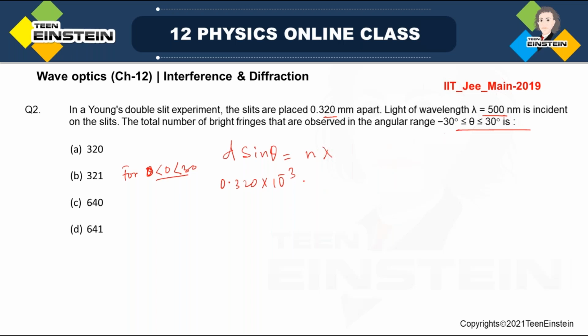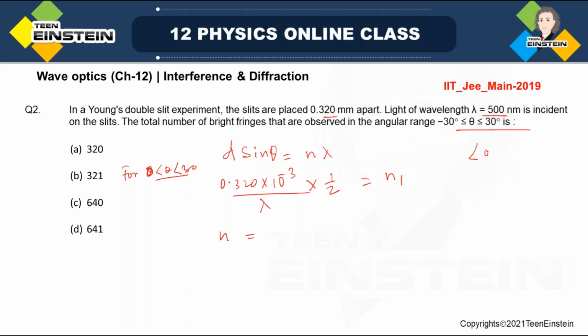So sine theta is equal to, take half. Here n is the one we have to find out. Lambda is again 500 nanometer. Suppose n1 is for the half of the range, theta 0 to 30.